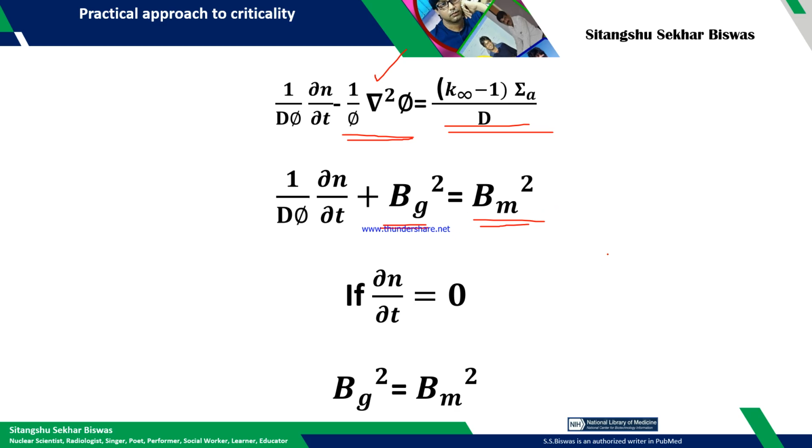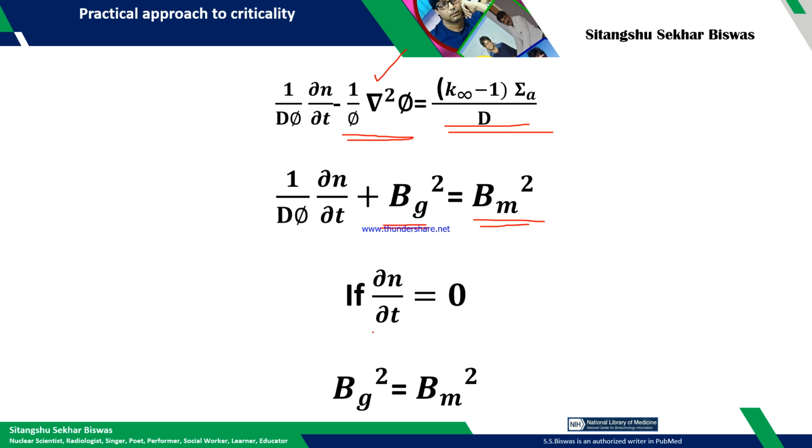Now for criticality, the neutron flux is maintained. There is no rate of change in the number of neutrons in successive generations. How much is consumed, the same is getting produced.